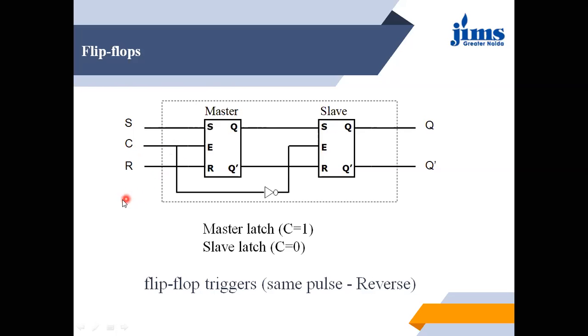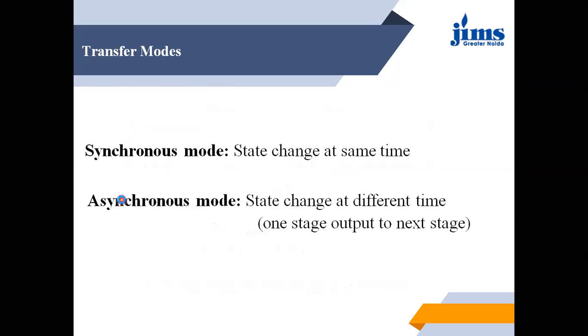So the clock can be of two types: the first one is synchronous and the second one is asynchronous. When I am using a clock in which the values of all the flip-flops change at the same time, then this is called synchronous mode. For example, I have 5 flip-flops.